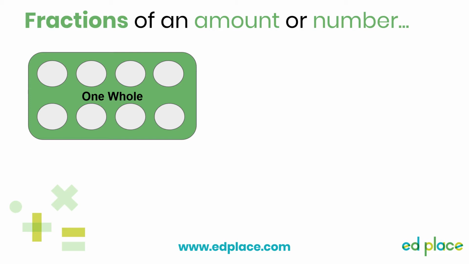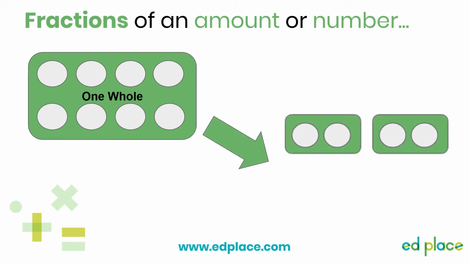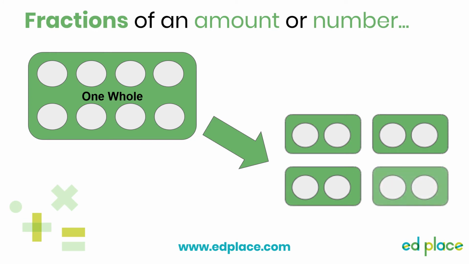When the circles are shared into 4 equal groups, we call these quarters. 8 can be shared into 4 equal groups. The number on the bottom of the fraction, the denominator, tells us how many groups there are, and the number on the top of the fraction, the numerator, tells us how many groups we are thinking about. Here is 1/4, 1 out of 4 groups. 1/4 of 8 is 2.